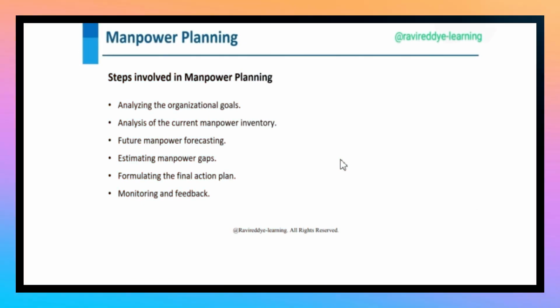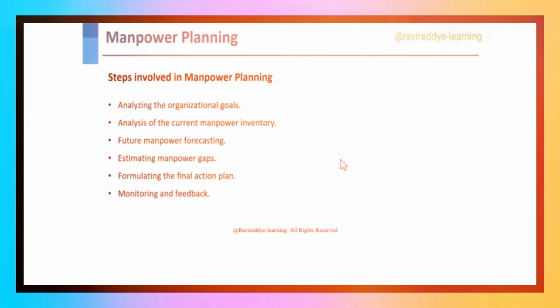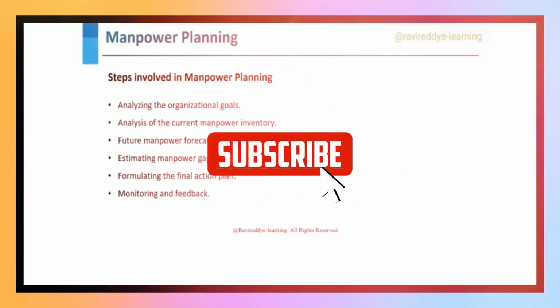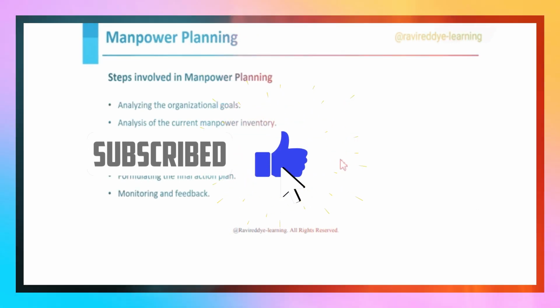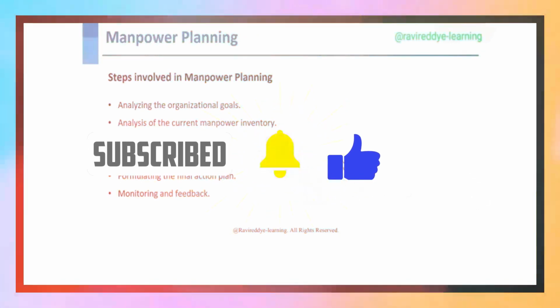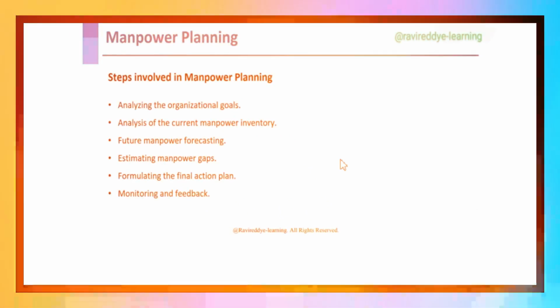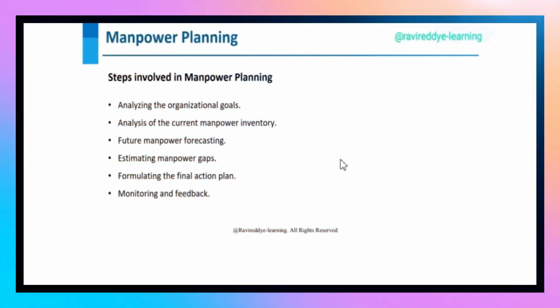We need to forecast how many people will be required to do a particular task, the optimal number of people. Then estimating manpower gaps: how many people are working right now, and how many are actually supposed to be doing it according to your planning.